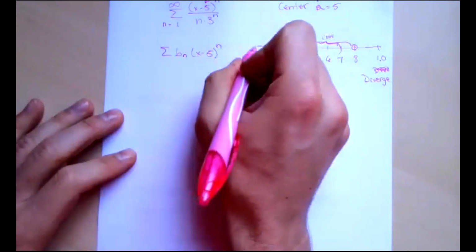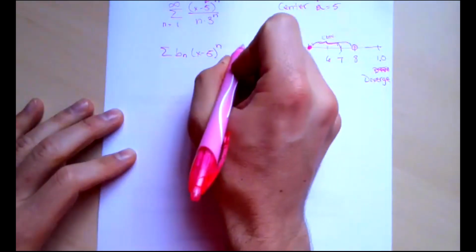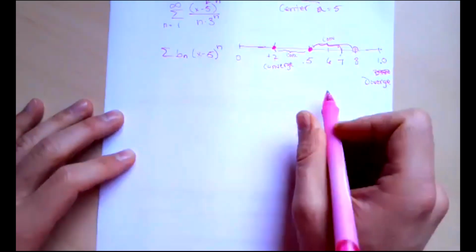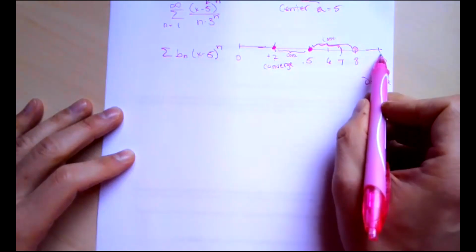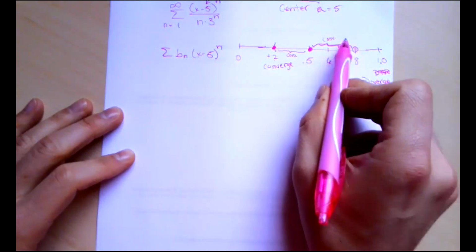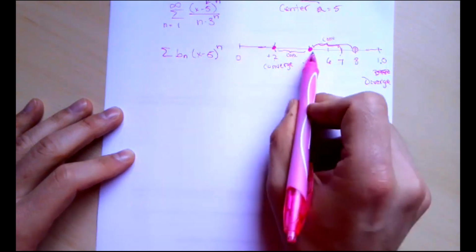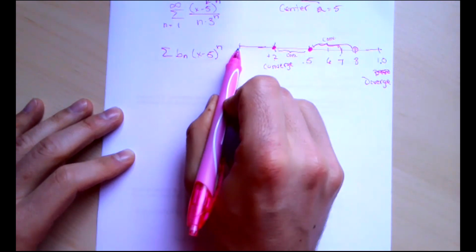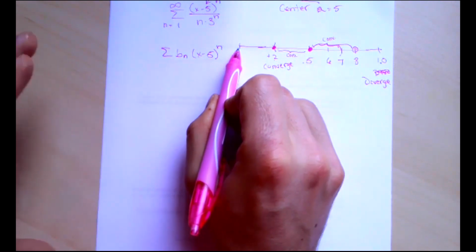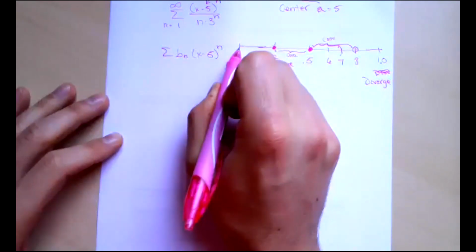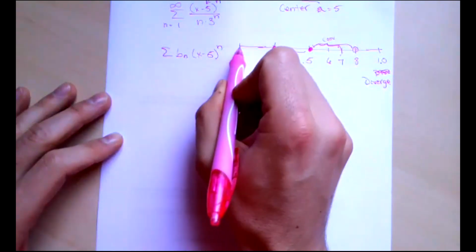So those are some things you can think about in terms of what's going to happen. If we go 5 below, what's going to happen when x is 0? Well, I know it diverges at 10. On the opposite end of that radius, if I go 5 above, I'm at 10. 5 below, I'm at 0. It could be either, could converge or diverge, because this could be the endpoint of the interval of convergence.